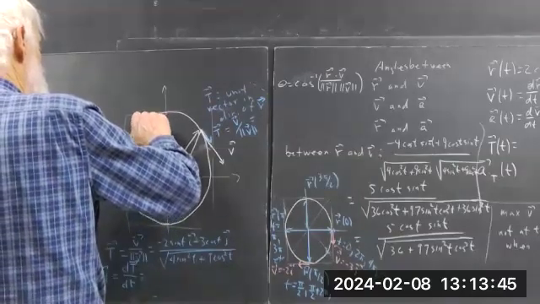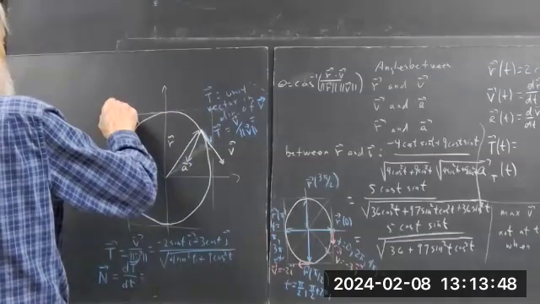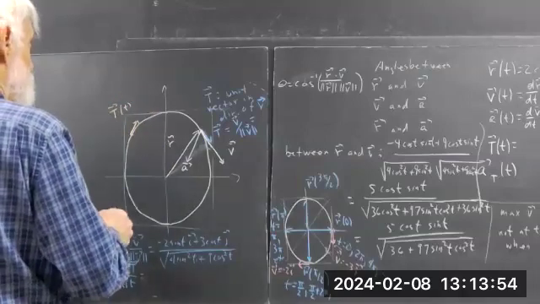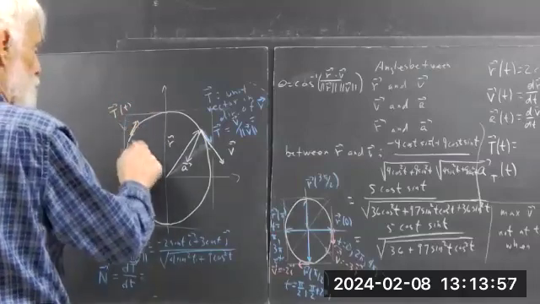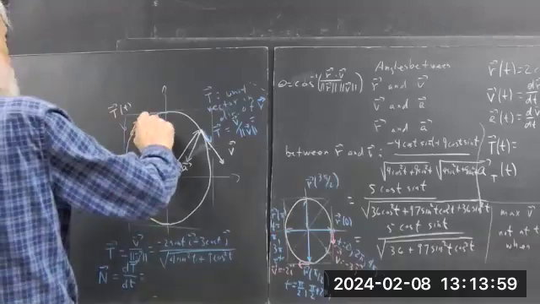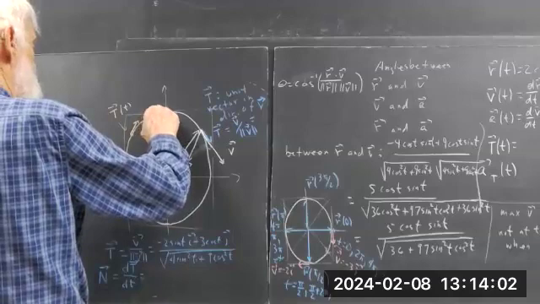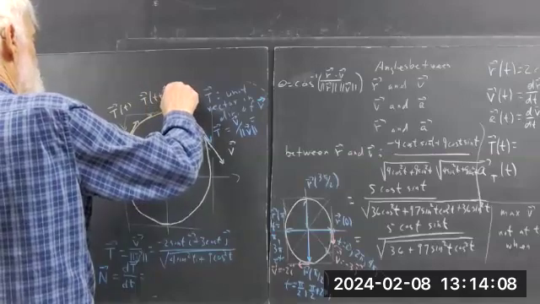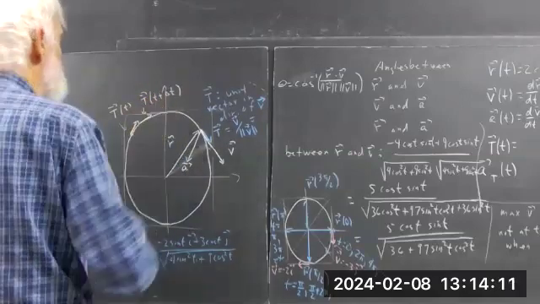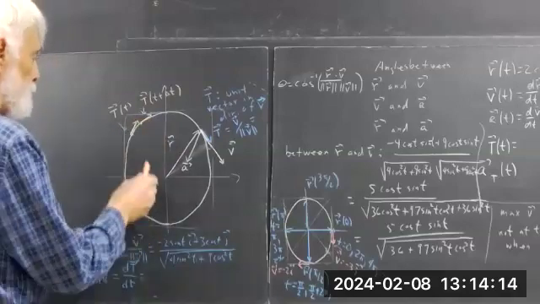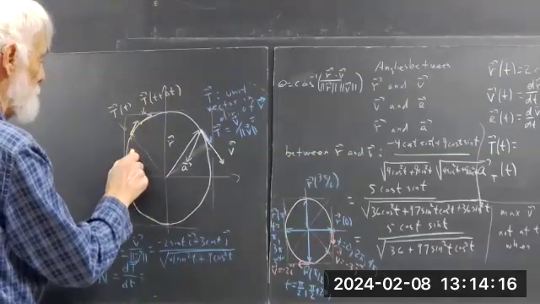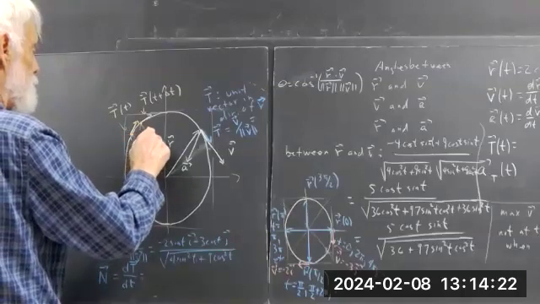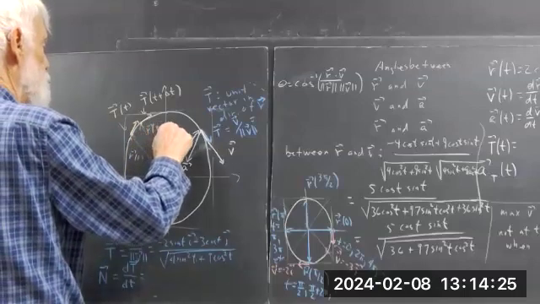But let's say this is t, and of course, there's the r of t. And let's say this is t plus delta t. So here's r of t, here's r of t plus delta t.